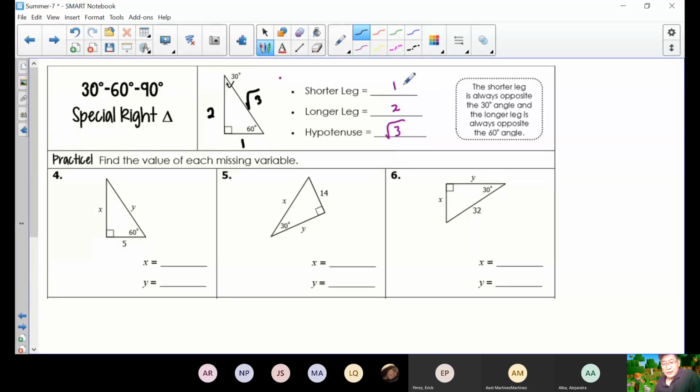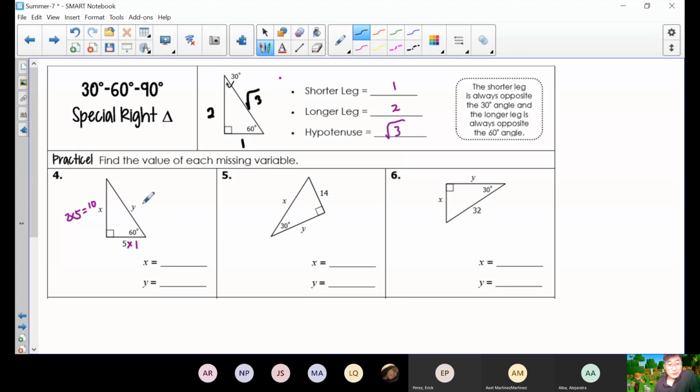Shorter leg is 1. Longer leg, double. Hypotenuse, triple with the square root. So 1, 2, 3. To think about the ratio, this is a 5, which is 1 times 5. Then this is 2 times 5, which is 10. It should be double, right? 5, 10.